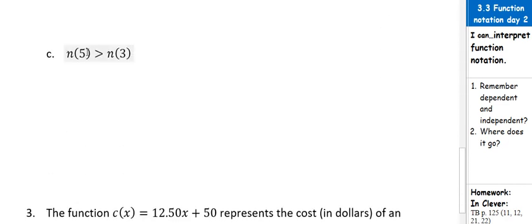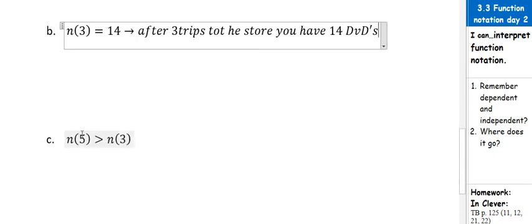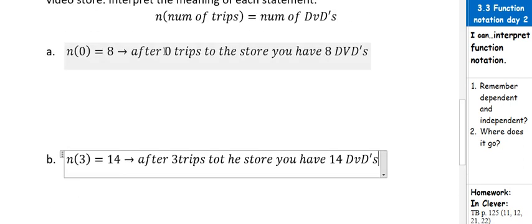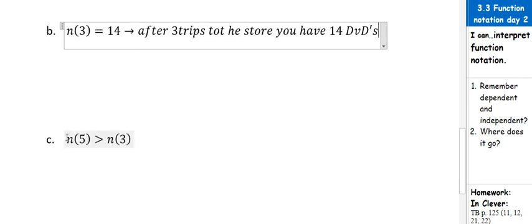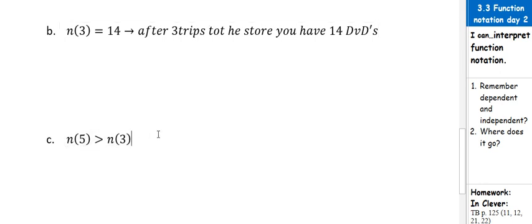Here it says n of 5 is greater than n of 3. What does n of 5 mean? Here, n of 3 meant 3 trips to the store. Here, n of 0 meant 0 trips to the store. So n of 5 must mean 5 trips to the store. N of 3 must mean 3 trips to the store.